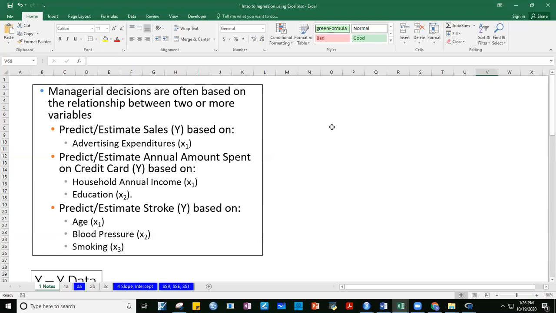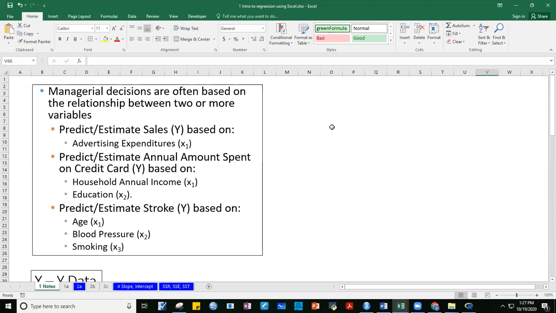Notice, guys, that I carefully crafted my statement. I did not say causes. So we're not saying here that advertising expenditures cause sales. We're not establishing causality here, but simply correlation. We're establishing the relationship between two variables, whether it's positive or negative.